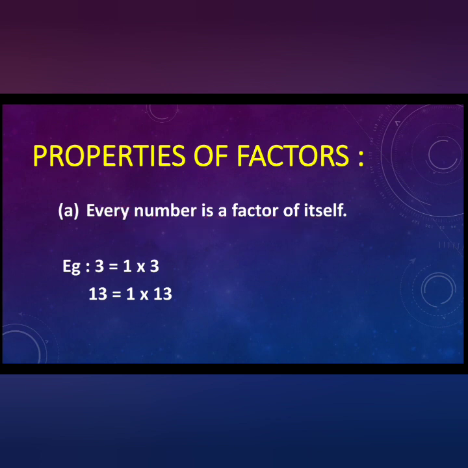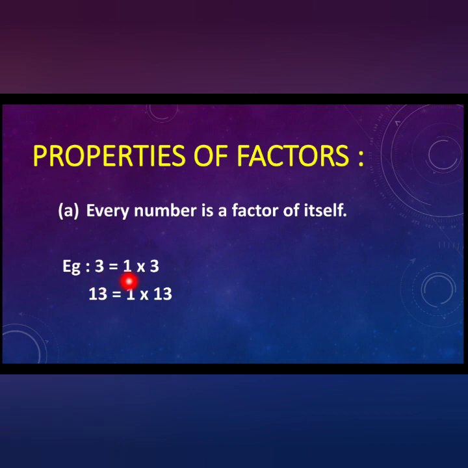What does it mean? See, 3 equals 1 into 3, again 13 is 1 into 13. See, this 13 is a factor of this one, right? So, here this 3 is also a factor of this 3, right?